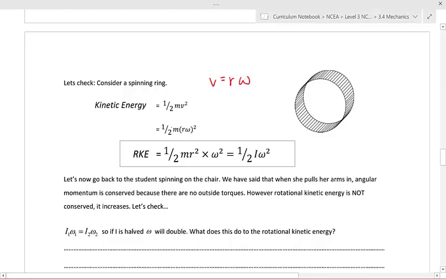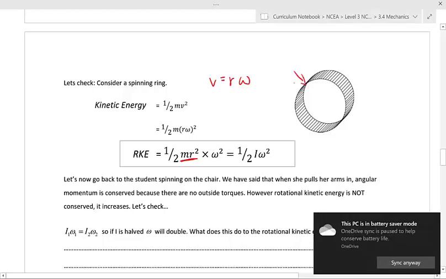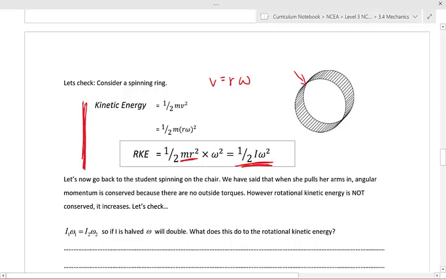So the kinetic energy is half m r squared omega squared, and m r squared is the rotational inertia of the ring. So we get half I omega squared. You don't need to be able to show this, but it provides a quite simple demonstration of the fact that these two things are the same for a ring.